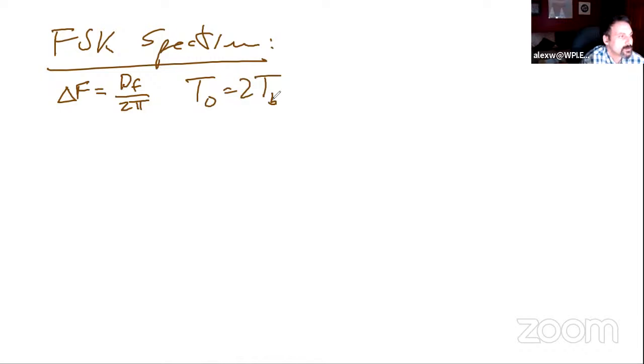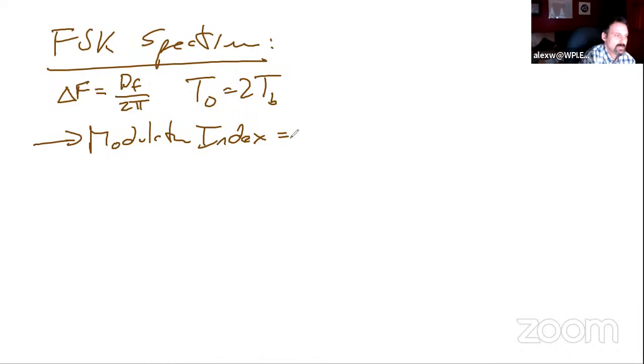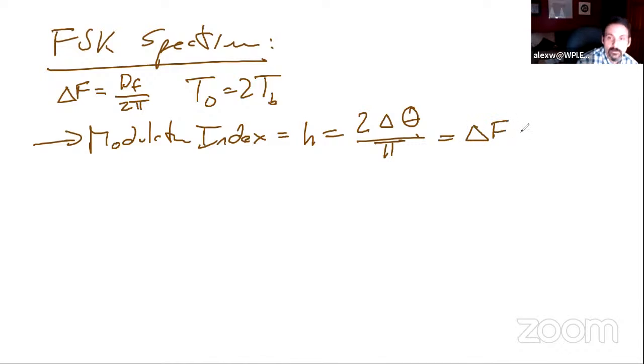What we need to figure out is something called the modulation index. In this case, the modulation index is defined by h, and is equal to 2 delta theta, the change in the phase, divided by pi, which is equal to, lo and behold, delta f times T naught.